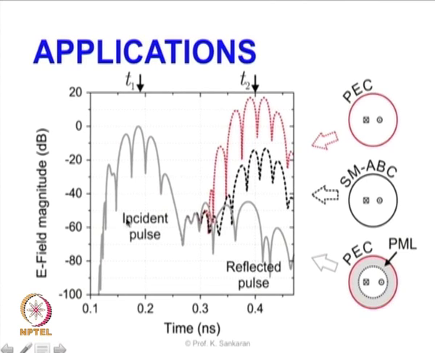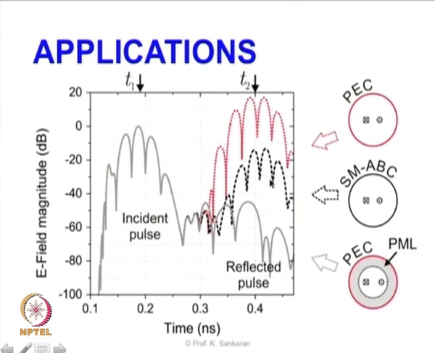One is you have an incidence pulse and this pulse is getting reflected over a period of time, and we have to make sure that we are able to stop the simulation before the reflected pulse comes back.